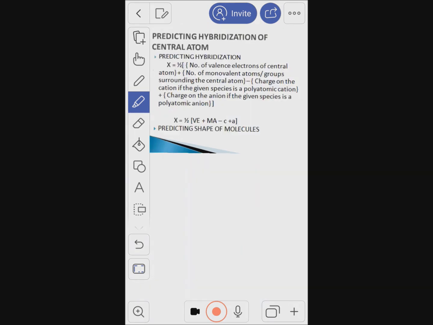Predicting hybridization of central atom. For predicting hybridization of the central atom, there is one formula in which X is the central atom, which is equal to 1 by 2 (V + Ma + C - A), where V is the number of valence electrons of the central atom, Ma is the number of monovalent atoms, a monovalent atom being one which carries a -1 or +1 charge, C is the charge on the cation, and A is the charge on the anion.